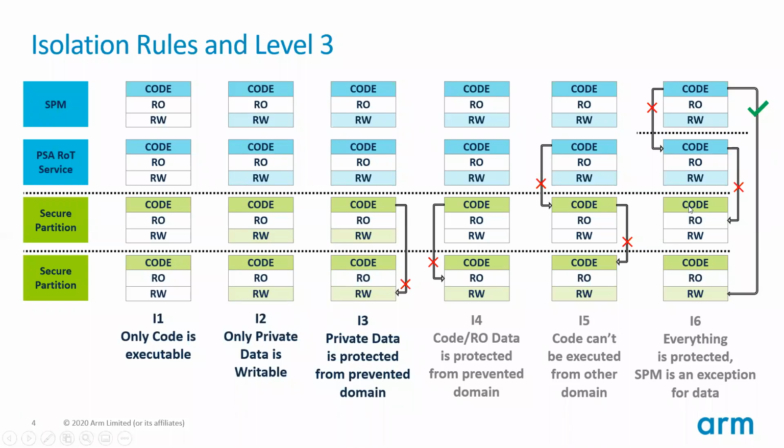Only the SPM is an exception, because the SPM may need to access the private data of a partition and help copy data from the client to the service. So those are the rules in isolation level 3. This page shows the combination between the rules and the isolation level definitions.